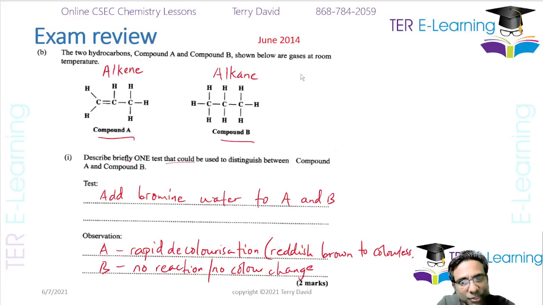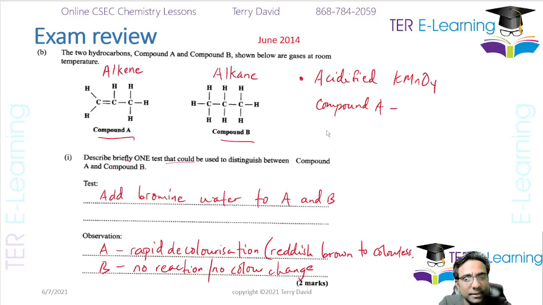There's a second test that you could use. You can use acidified KMnO4. This is another reagent that we could use to differentiate between an alkane and an alkene. In the case of compound A, it's going to decolorize. And in the case of compound B, you don't have any decolorization taking place. Now the KMnO4 is purple, so the color change we get is purple to colorless.